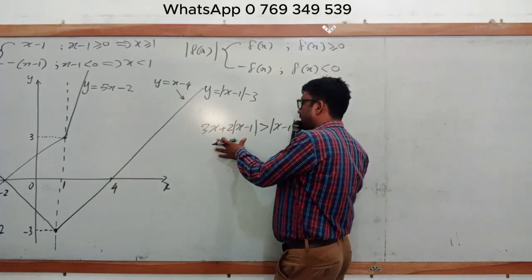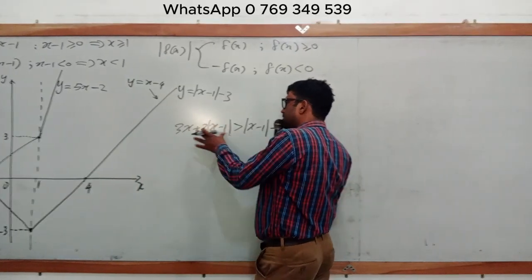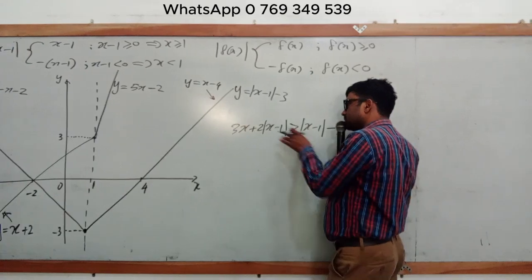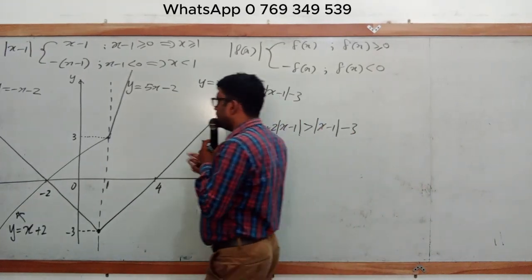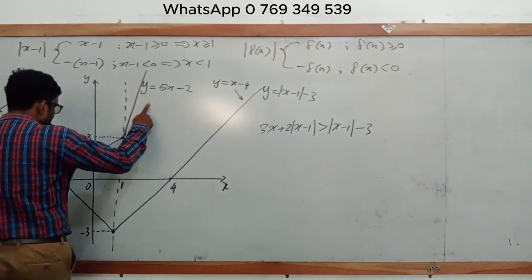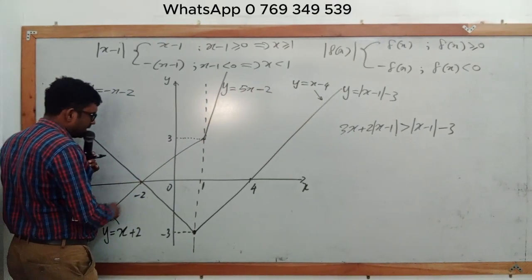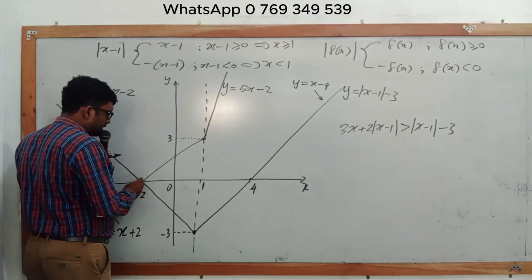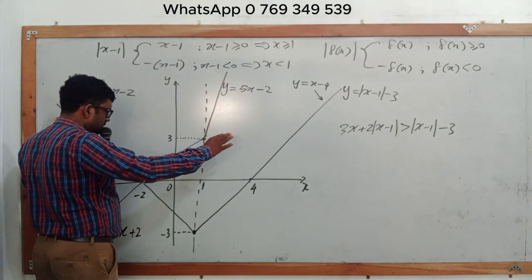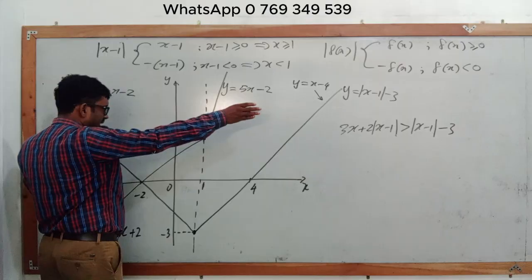This graph is greater than this graph. This is the greater one. Now here, this is the graph. Here greater, here greater, here greater. Here is the changing point. From here, minus 2, it is greater. Greater than like that.